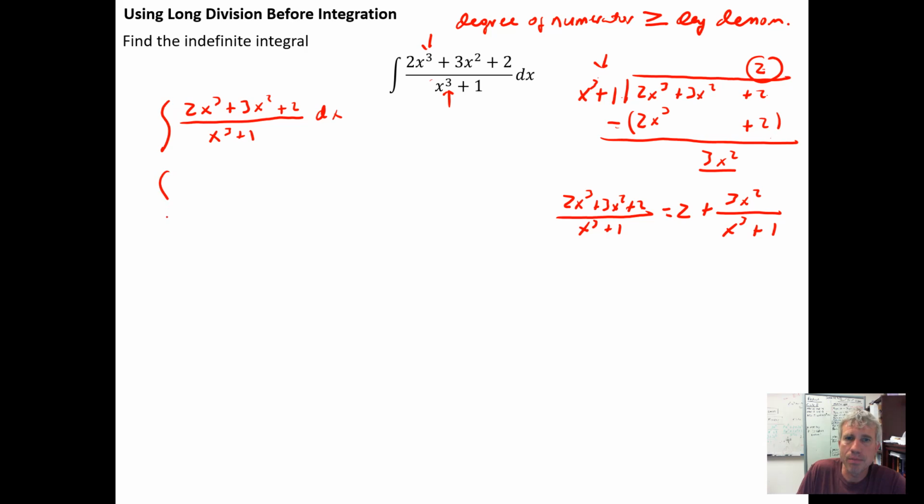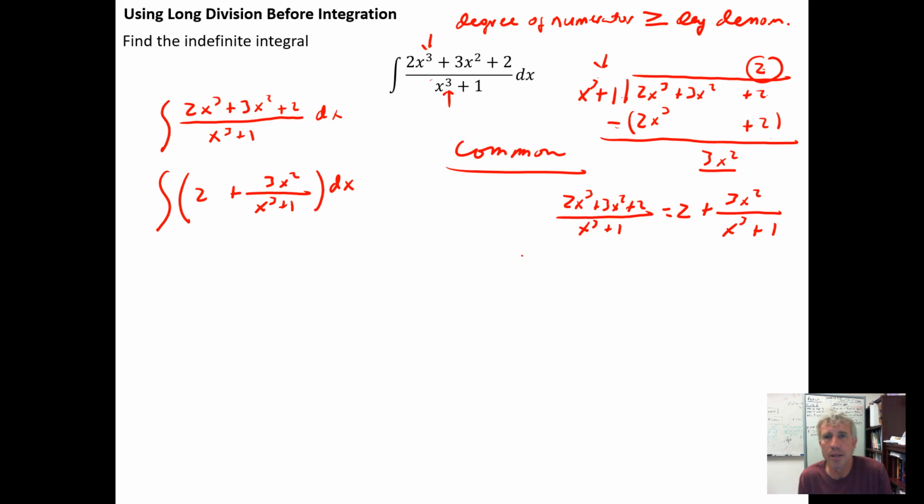So I can replace the rational function in my integral with 2 plus 3x squared over x cubed plus 1. And this need to do a polynomial long division before integrating is common. This occurs repeatedly.